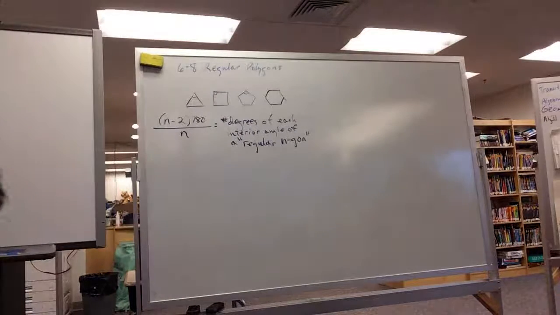Regular meaning that they all have the same measure. All angles will be the same measure. So an equilateral triangle, a square, a regular pentagon, a regular hexagon, and on and on.